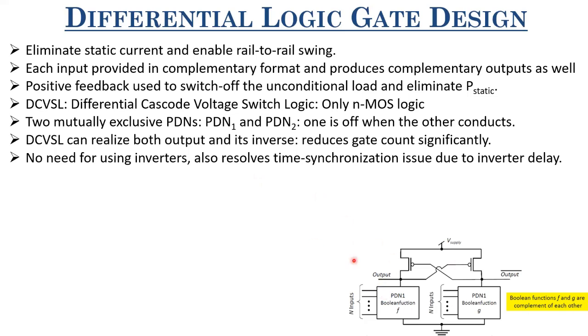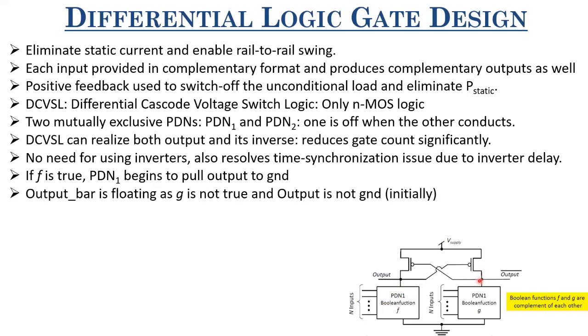Now let us understand this circuit. So what happens is, if F is true, this output is discharged to the ground, or its output starts to discharge to the ground, right? Or this PDN1 or F kind of pulls this to ground, right? However, if you look at this output bar, initially it is floating, right? Why is it floating?